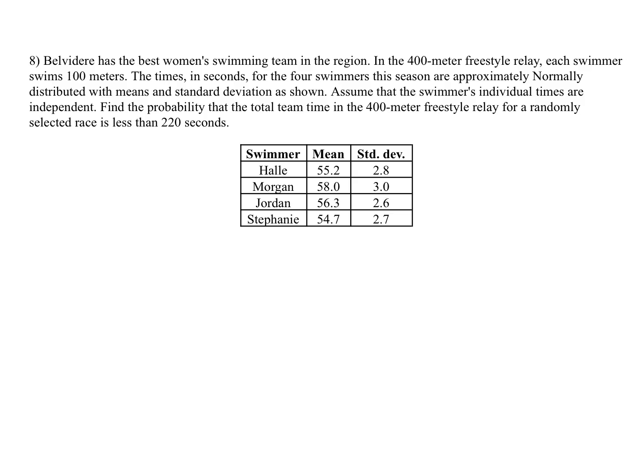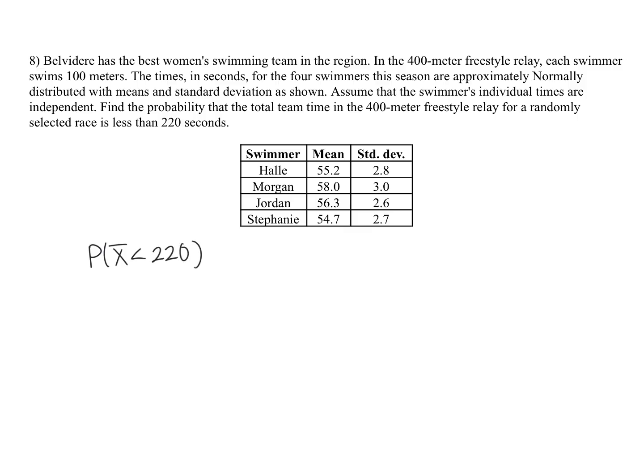Assume that the swimmers' individual times are independent. Find the probability that the total team time is less than 220 seconds. So we're trying to find the probability X bar is less than 220.